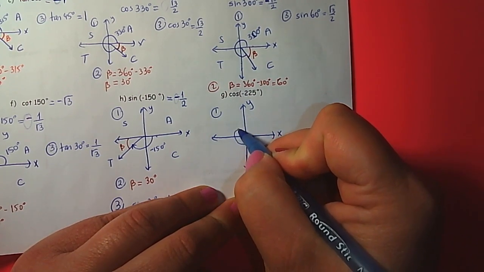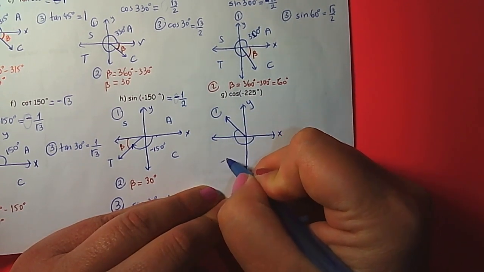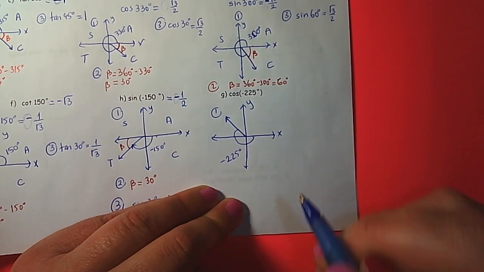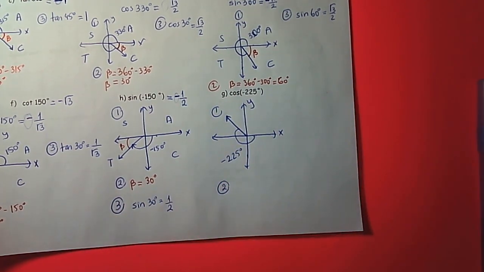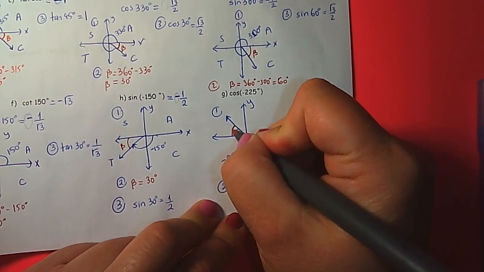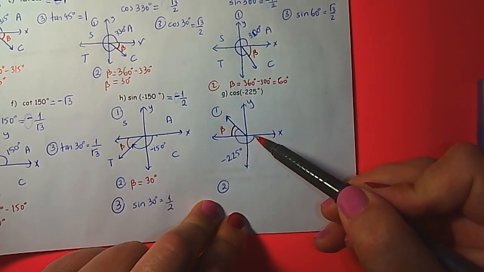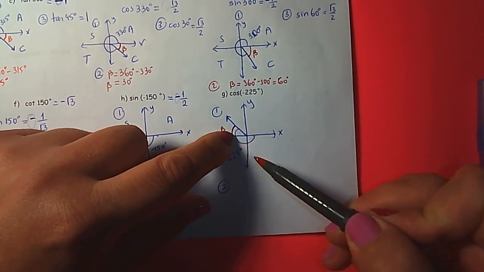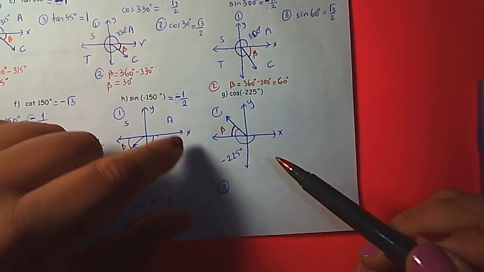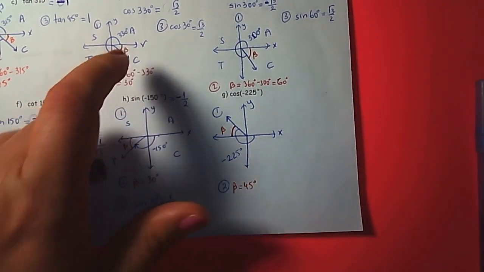So it looks like we are going to end up in quadrant 2. So that is negative 225. Step 2, find angle beta. So this is 225 and this piece is 180. So subtract 180 from 225. So you get 45 degrees.